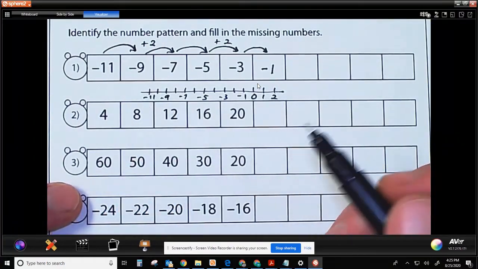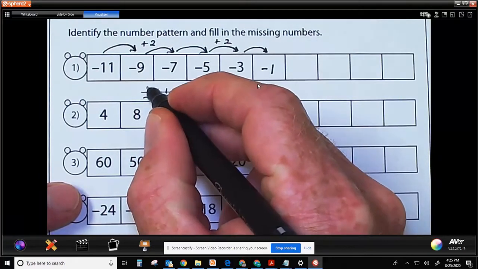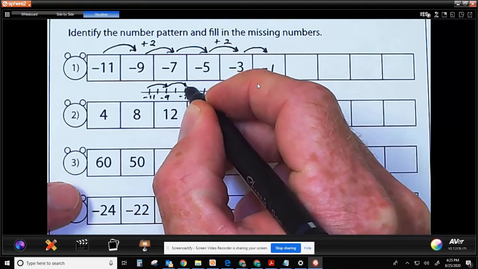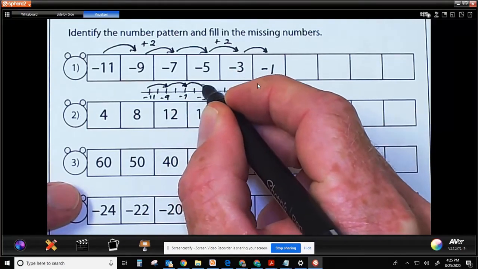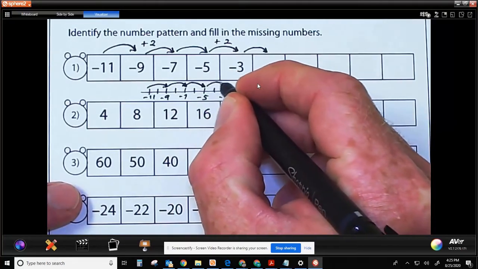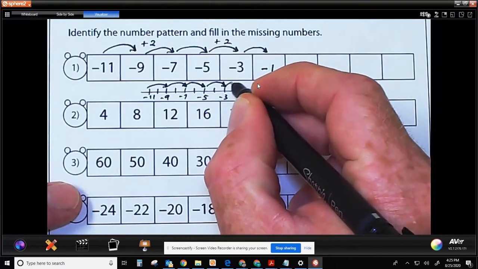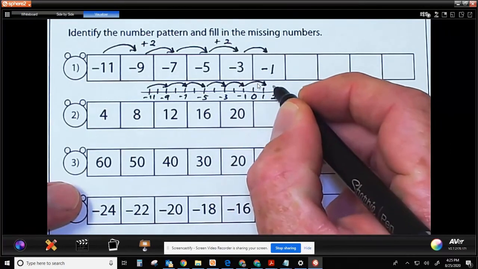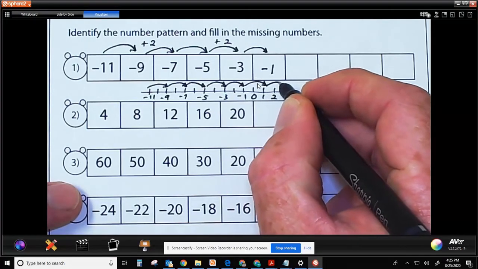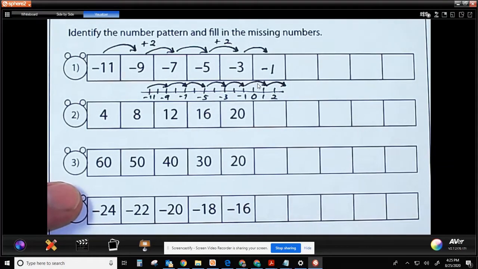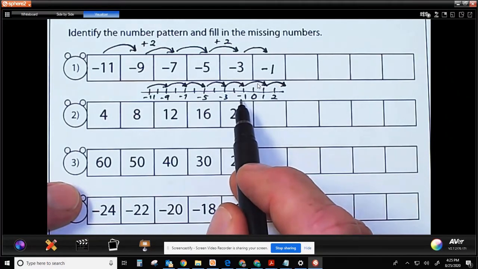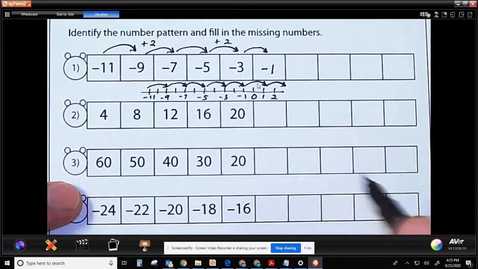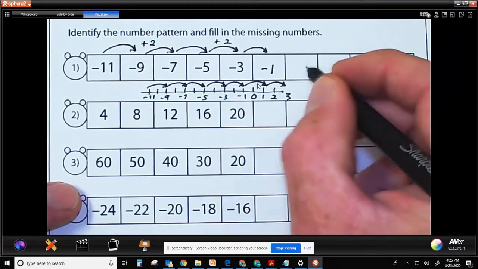I picture things physically in space, so I think of actually jumping 2 each time. I draw arrows and number lines to help me. The next number in the sequence after this one is negative 1. Then you would have a 1 and then a 3.